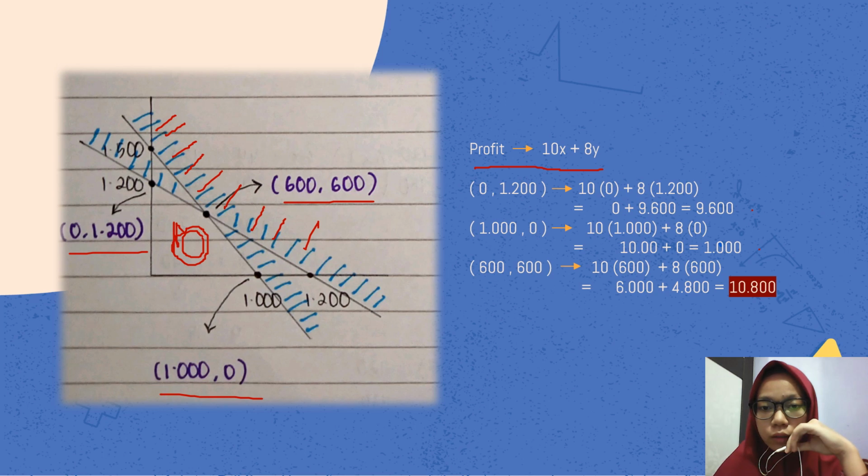And if the corner is 600, 600, the profit is equal to 10,800. This is the maximum profit. So to maximize profit, we must produce 600 of pasta and 600 of pizza.